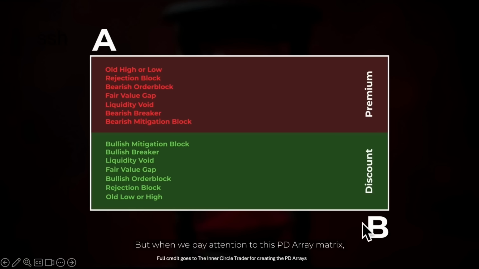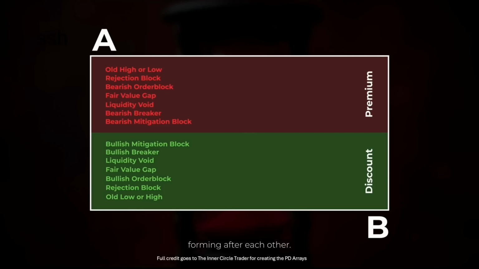But when we pay attention to this PD array matrix, what you can see is that we can recognize when that move from point A to point B is taking place, when we recognize the sequence in which these arrays are forming, because each array is forming after each other. And that right there should be a major light bulb for the majority of you.